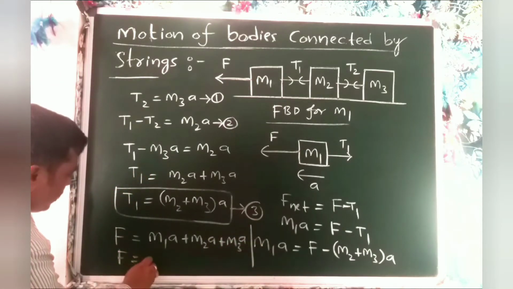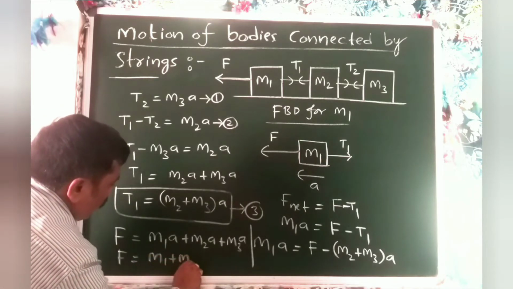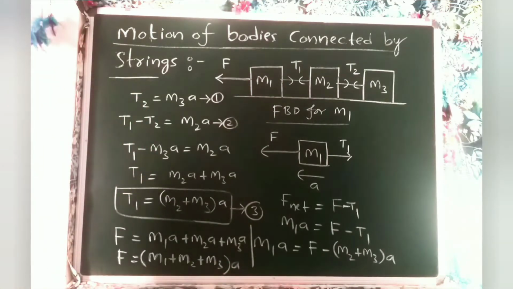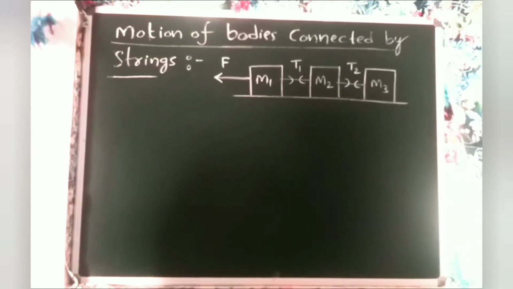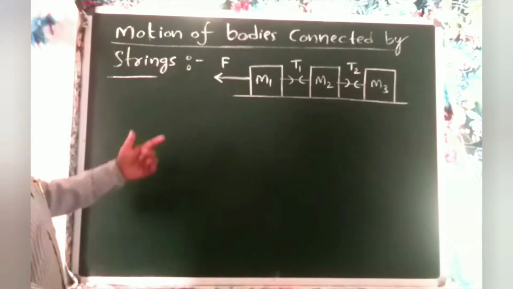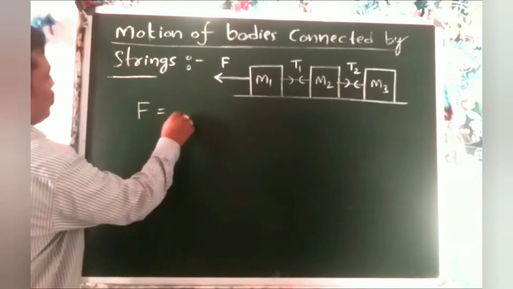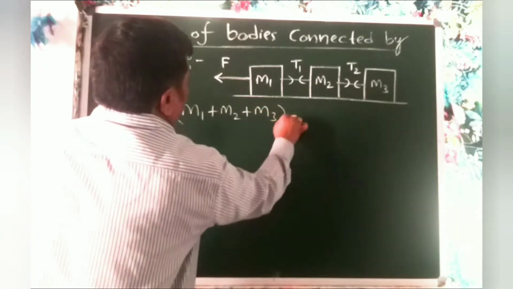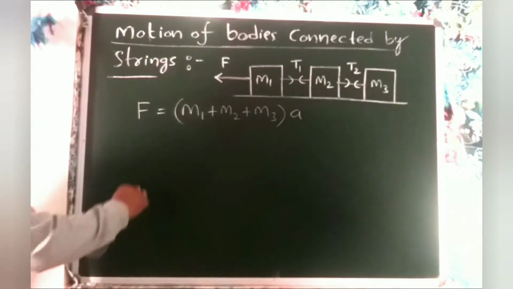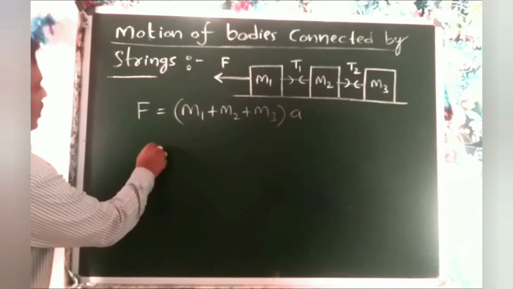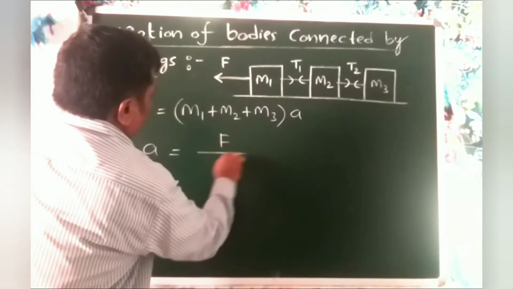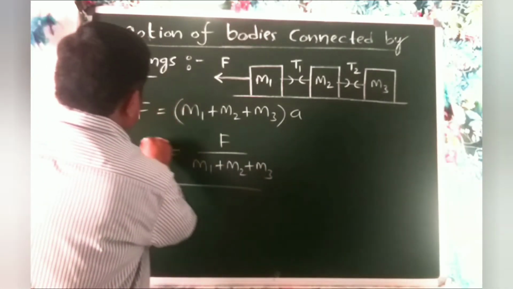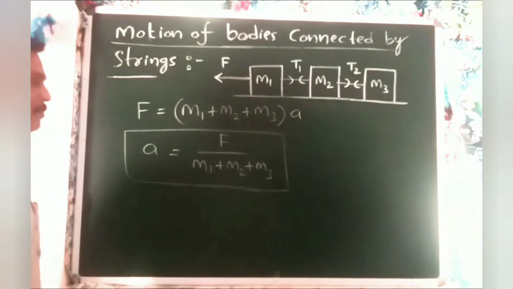Here A is taken as common, so F is equal to (M1 plus M2 plus M3) into A. This is the expression for the applied force. From this equation, the acceleration of the system of masses is A equal to F divided by (M1 plus M2 plus M3). This is the expression for the acceleration of the system.